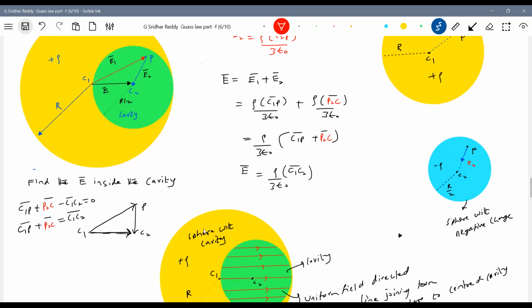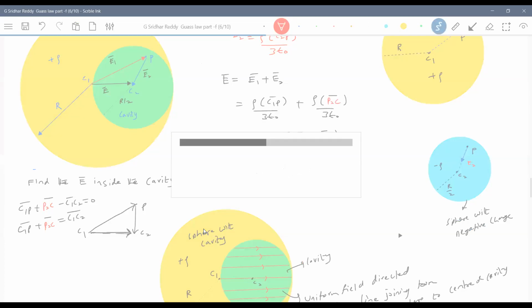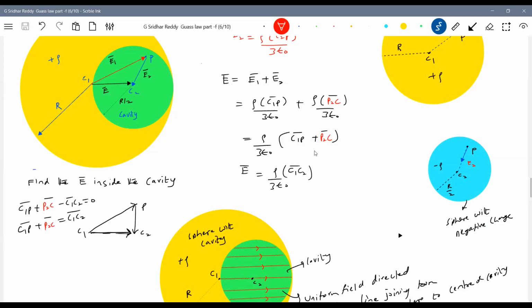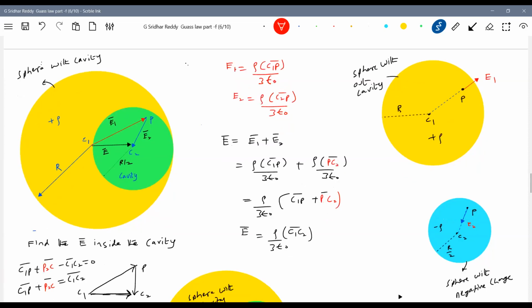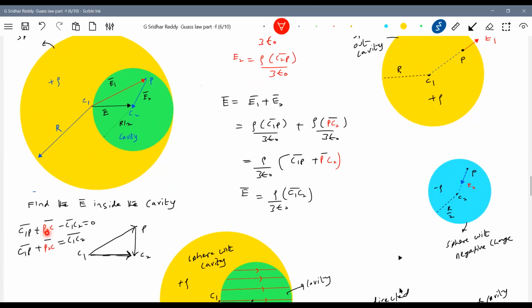Positive charge also they may bring. I just made some changes that P2C bar should be there. Here, look at this one. PC2 bar, I made changes.